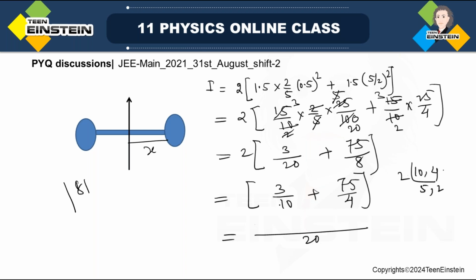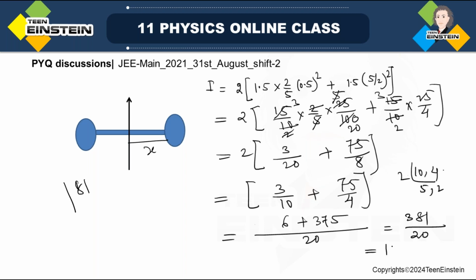Okay, so 20, so this is 6 plus 5. Okay, so let us see what we have. Yeah, so we have 381 by 20. Okay, so I think this is fine.